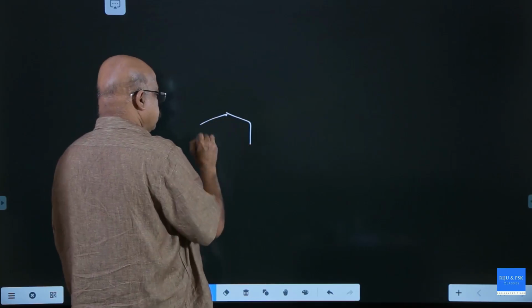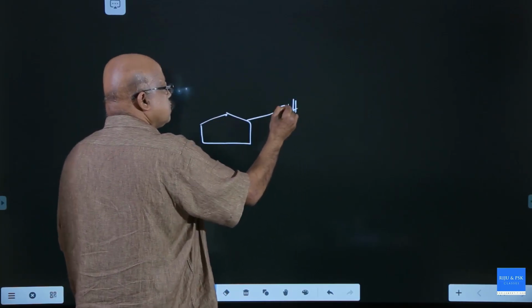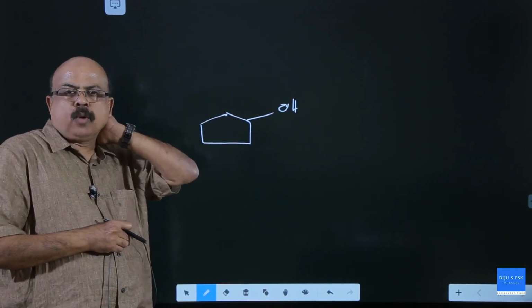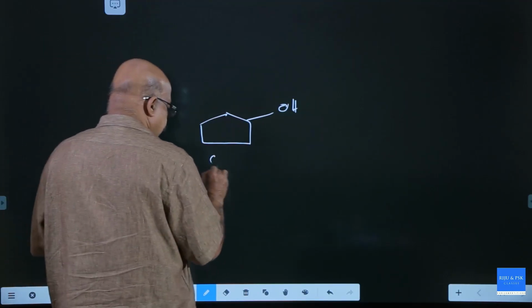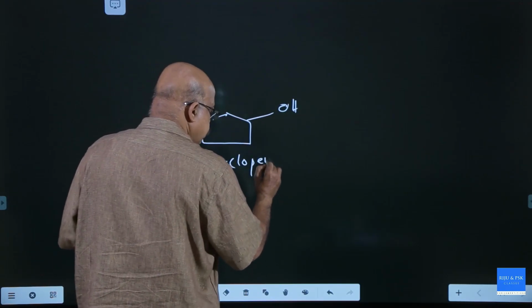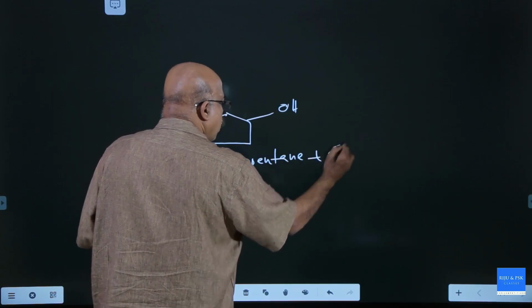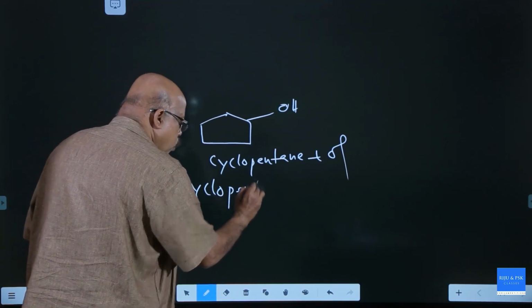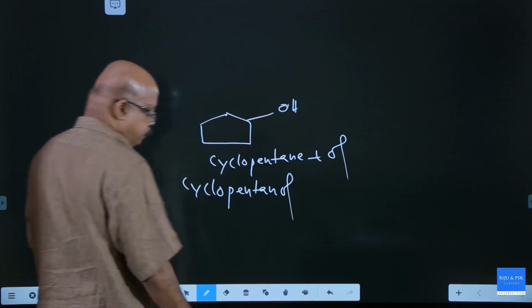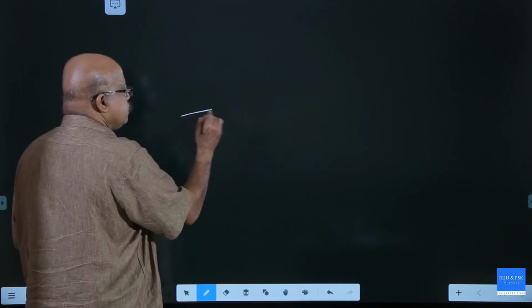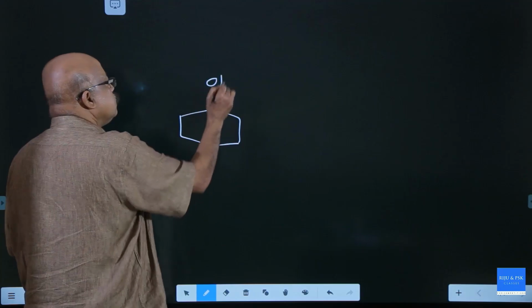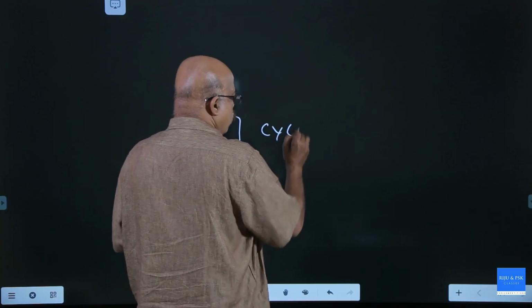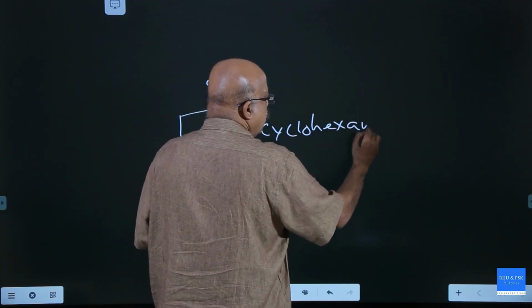It is hydroxy derivative of cyclopentane, so it is cyclopentanol. Six-membered ring, cyclohexanol.